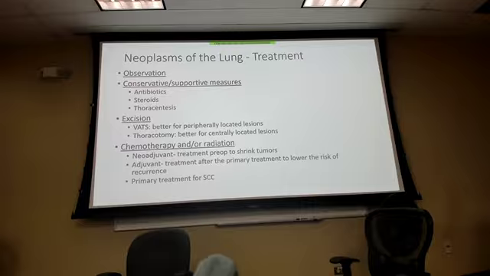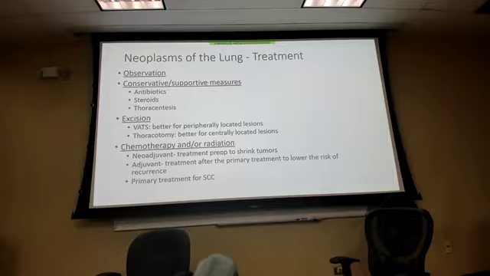Okay? So it's not to shrink it, we already took it out. But we sometimes can't get all of the cancer cells out, okay? And so that's when, most of the time, depending on what type it is, and like I said, I'm not a surgical oncologist, there are certain cancers that will need both, that will just need radiation, that will just need chemo, okay?